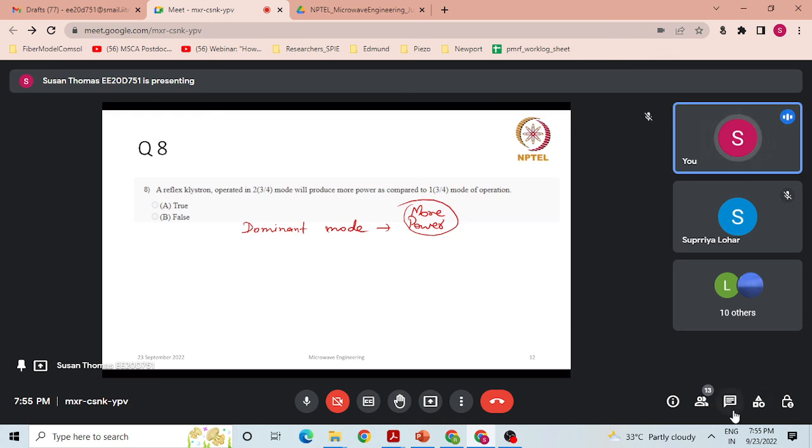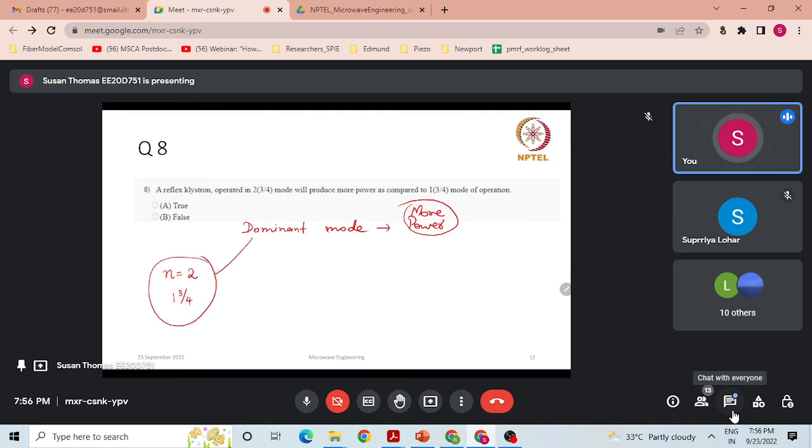I see no responses. Okay, let me tell you in brief, because I can't discuss the whole thing. You might have come across the mode n equal to 2, or 1 3/4.